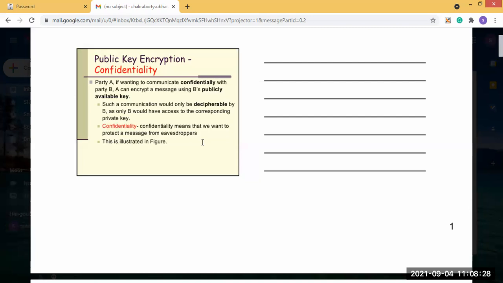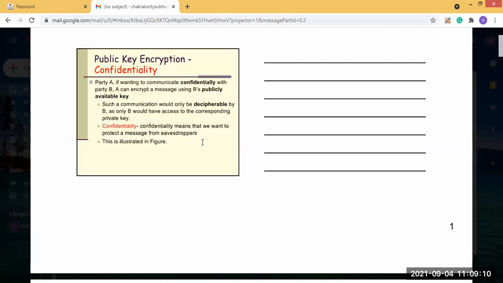That is confidentiality. Confidentiality means we want to protect a message from the eavesdropper, the malicious user, so that no one between them can access the message. That's why A encrypted the message with B's public key, so that only B's private key can decrypt it. If the message sent by A is encrypted with B's public key, can C access it?